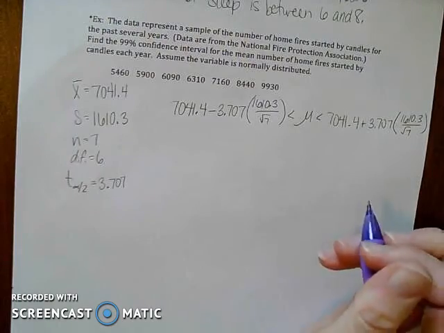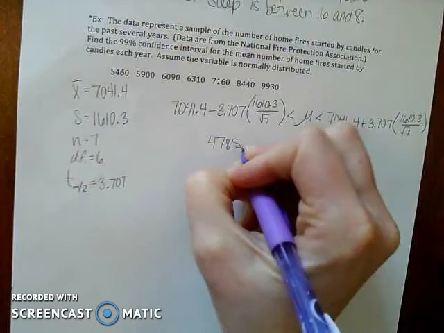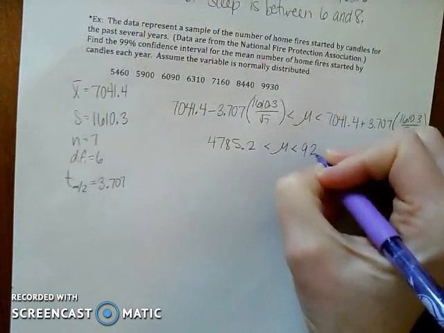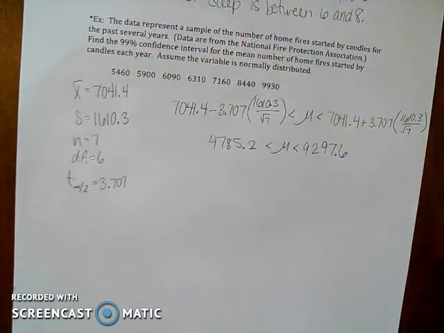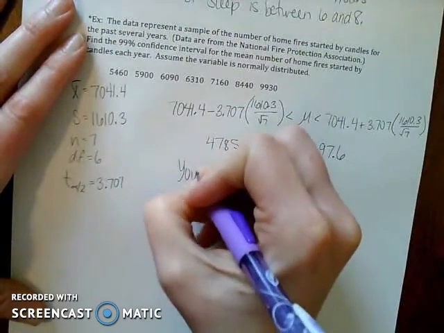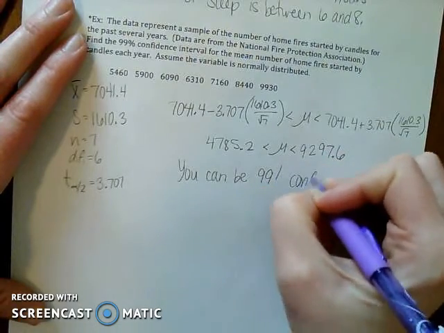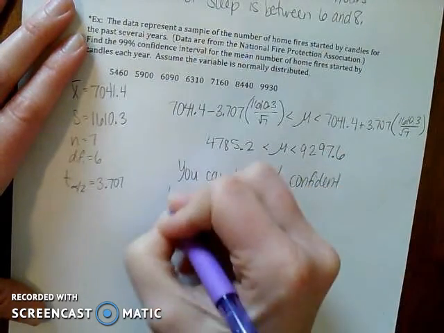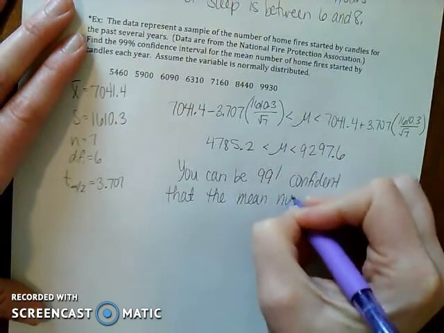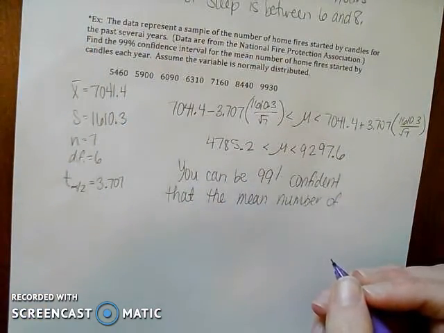So when you punch that in, you should get 4785.2 less than mu less than 9297.6. All right, so then your final answer, you can be 99% confident that the mean number of, I think this is per year.